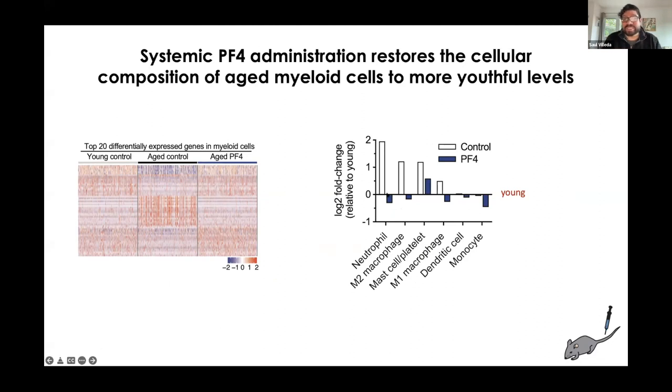And what was really interesting is we actually saw shifts in the populations of the immune cells as well. So here at 0 is basically youthful levels. And here during normal aging, we see an increase in things like neutrophils, M2 macrophages, and you can see that they're actually going closer to younger levels in response to this PF4 treatment.